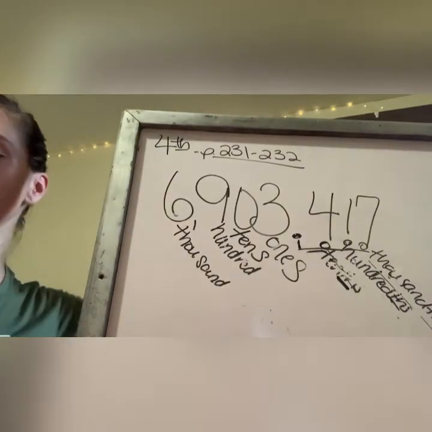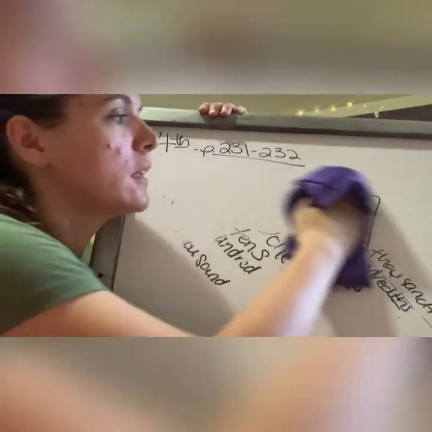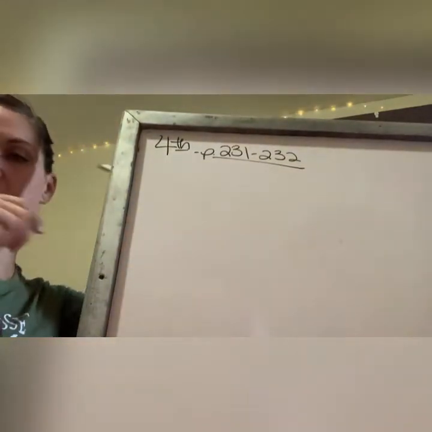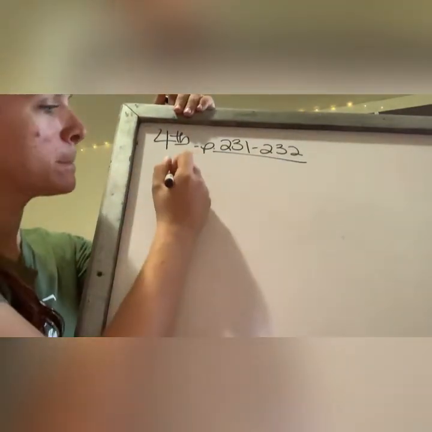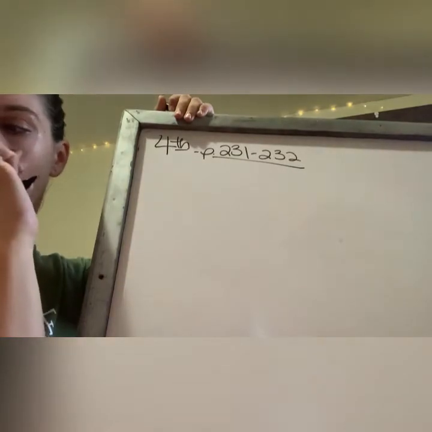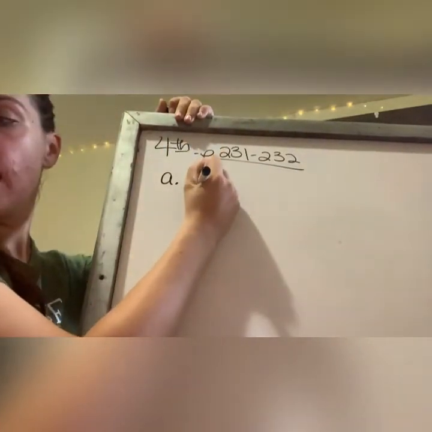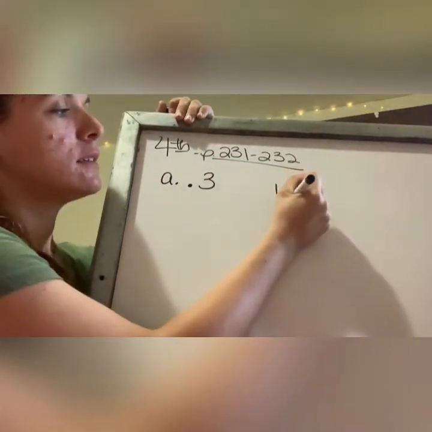Okay, so let's do number 2. Let's do number 2. I'm going to write these numbers up on the board together, okay? Because I'm going to show you how to read decimal places.